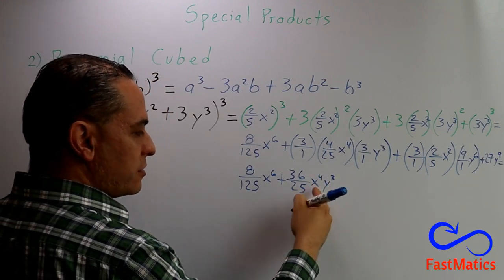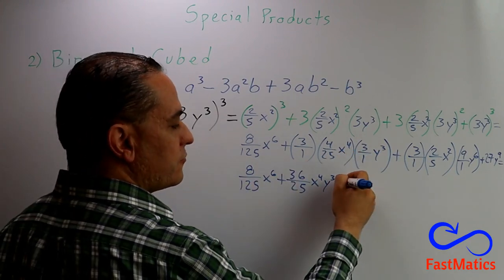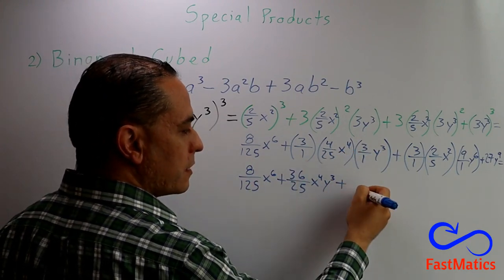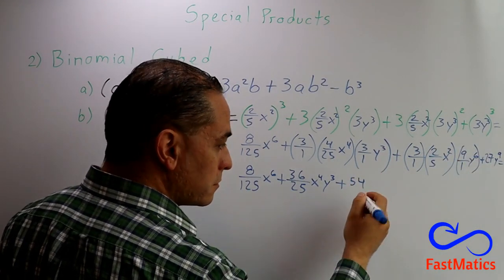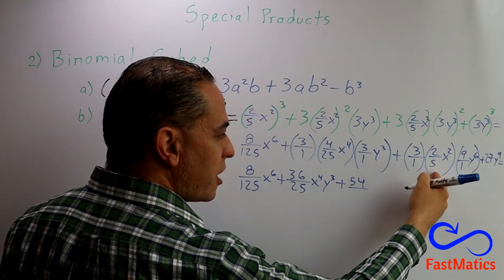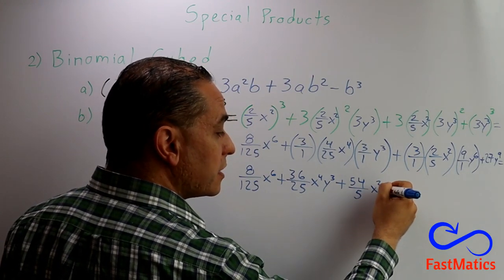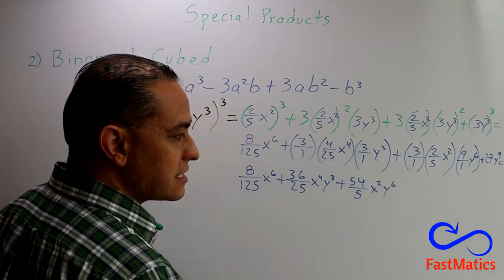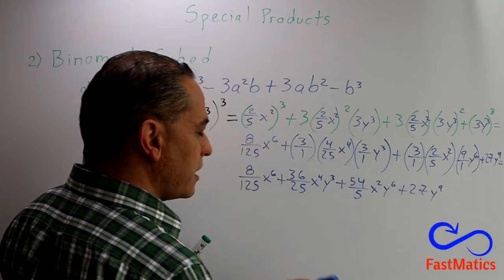Because they are different, you only copy the letters. After that, plus 3 times 2 times 9, 54 over 1 times 5 times 1, 5 x squared y to the power of 6, and finally plus 27 y to the power of 9.